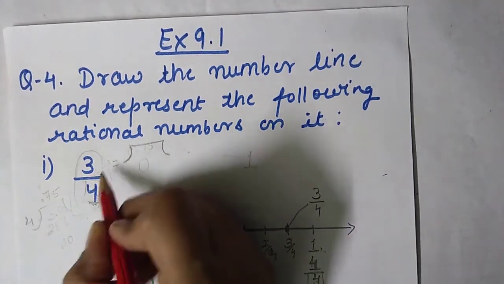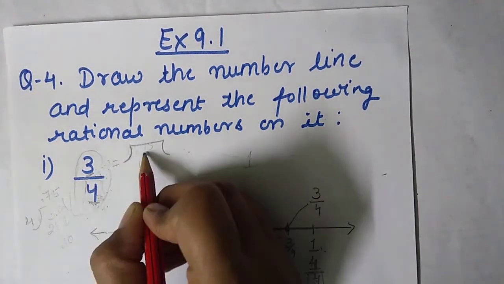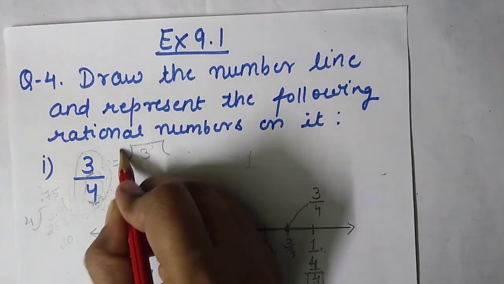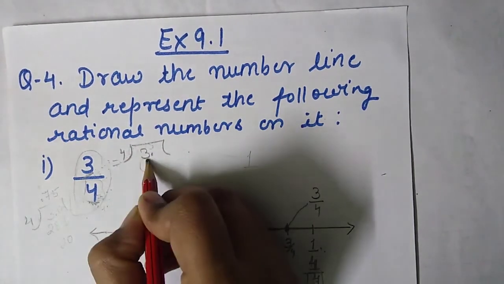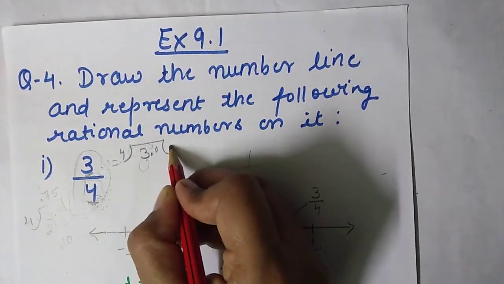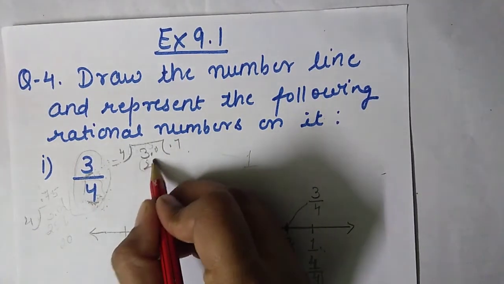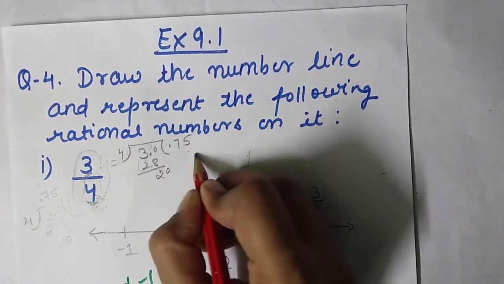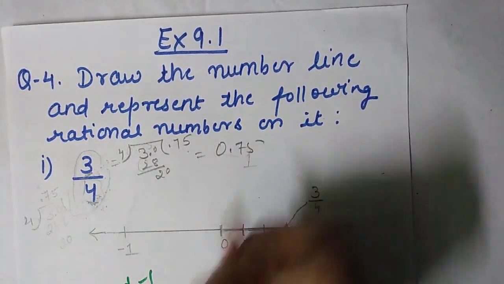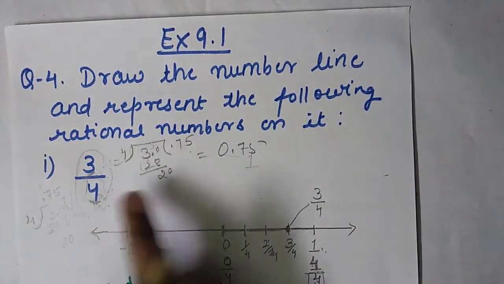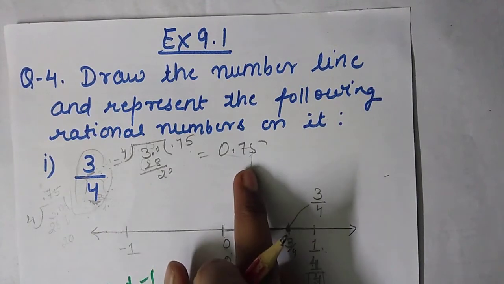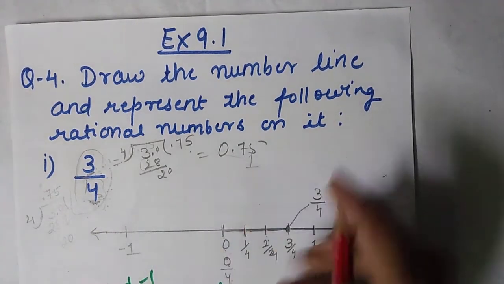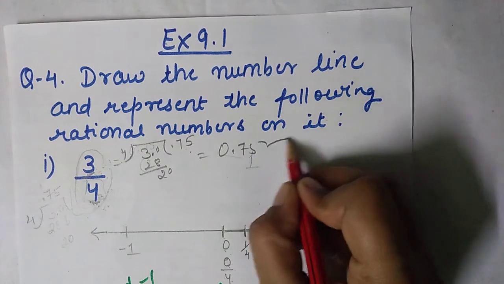The numerator is always your dividend, this is 3 and this is 4. If you divide, it will be 0.75.